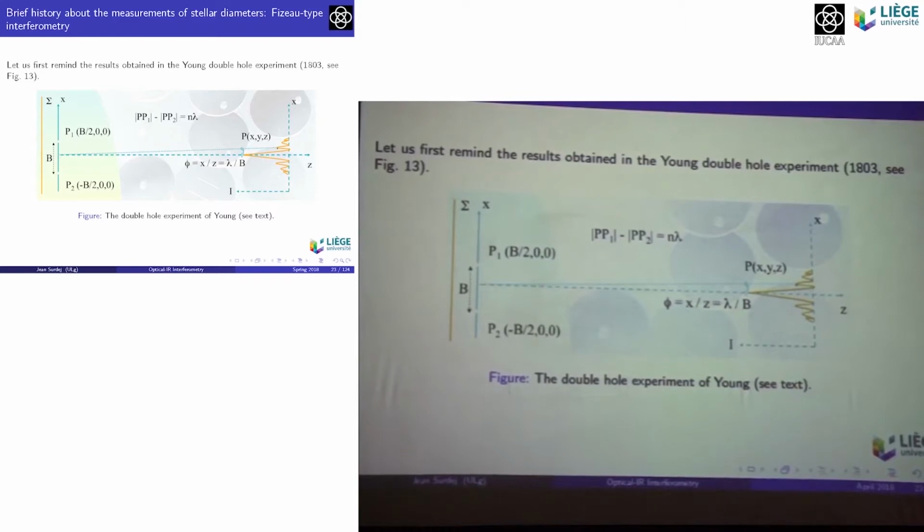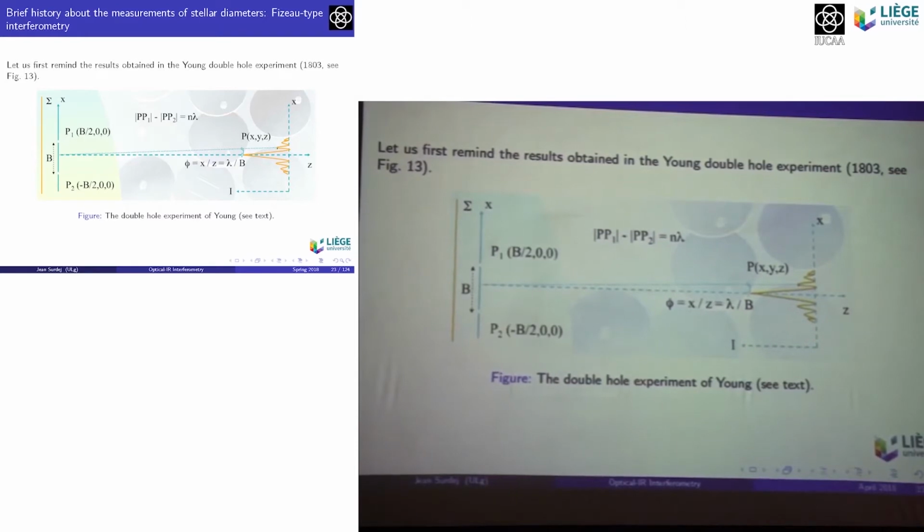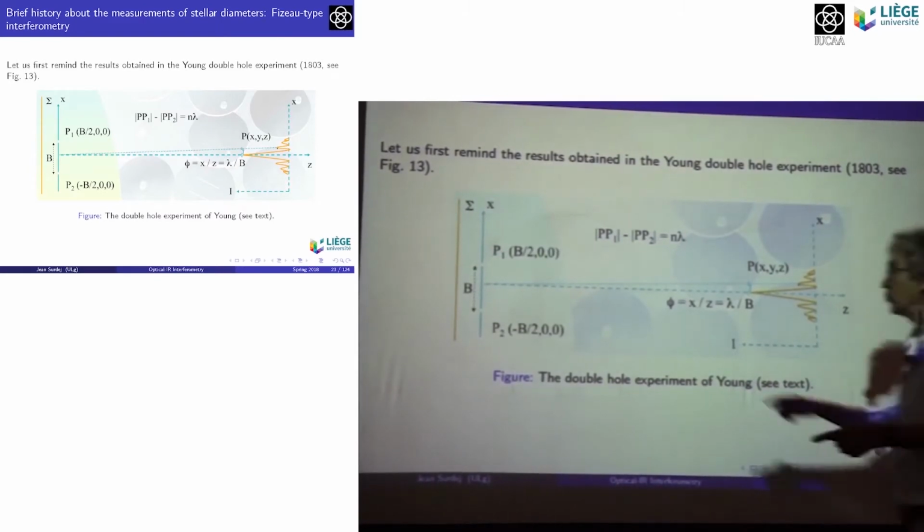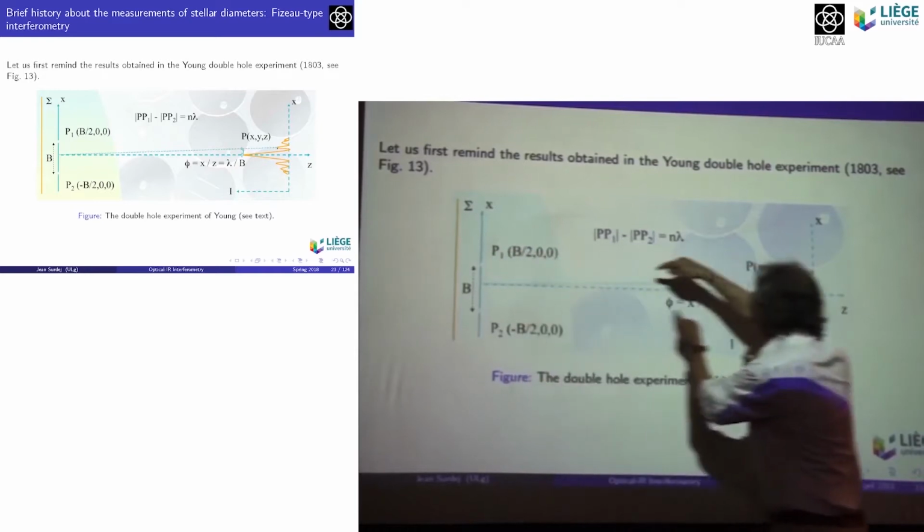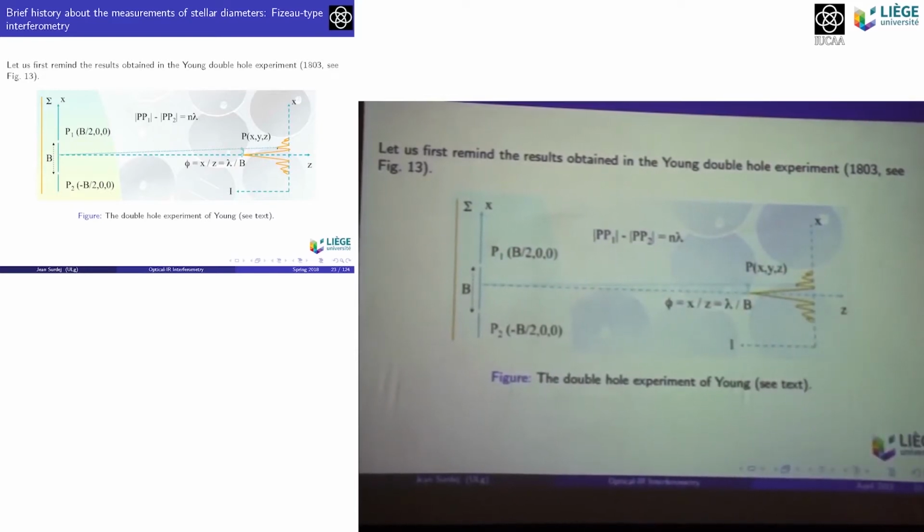And now, if I look in a distant screen, what happens? What is the distribution of light? This is monochromatic light at the wavelength lambda. Well, it's very easy. I know that whenever the difference in the distance of the two beams coming from the two holes is equal to an integer number of wavelengths, there will be constructive interference.